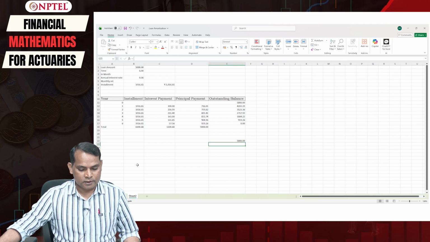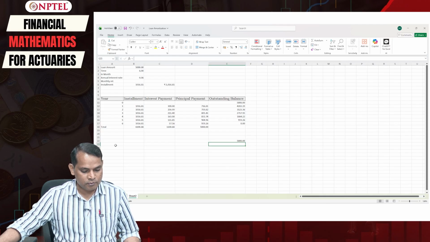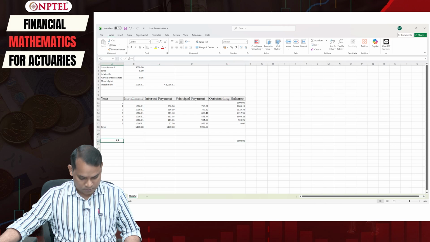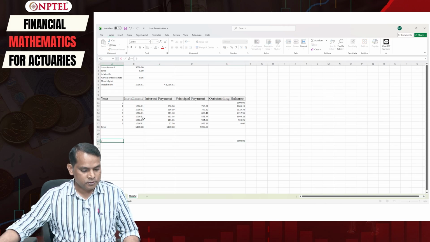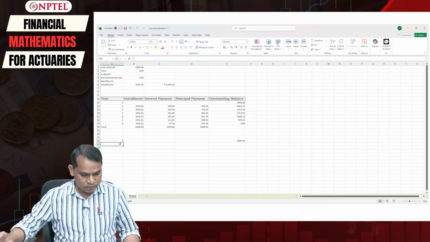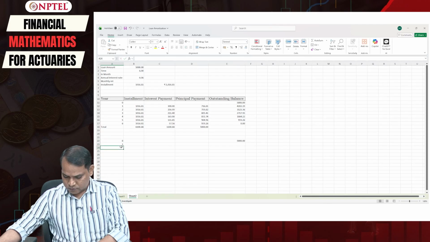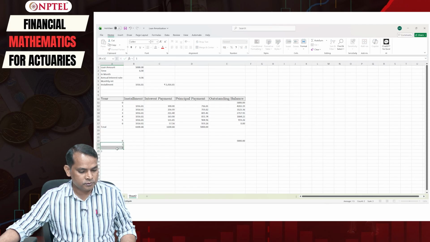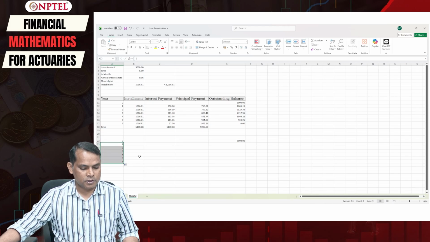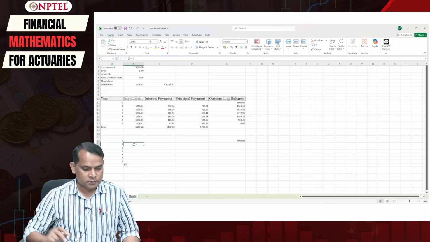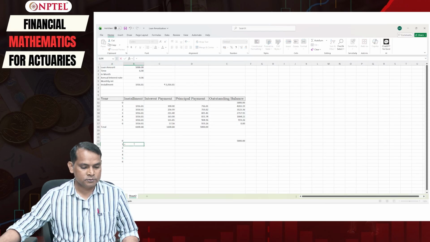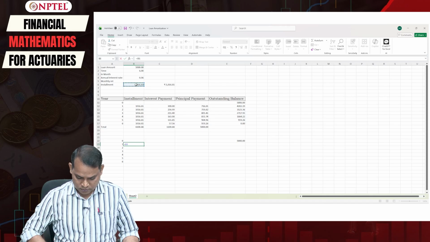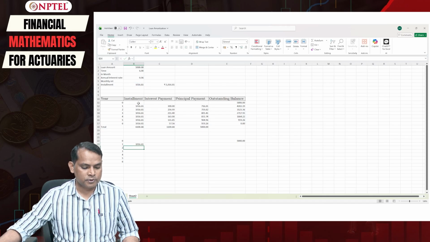And then we will have, this is the 0, so I have 1, 2, 3 up to 6 time periods. So I will now write this one equal to this one, so that I will get the same value here.